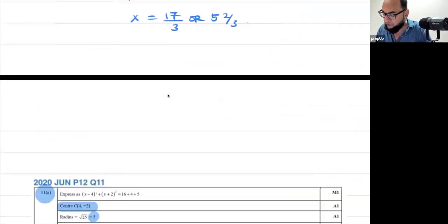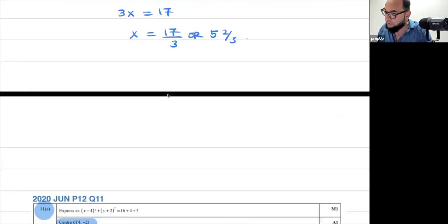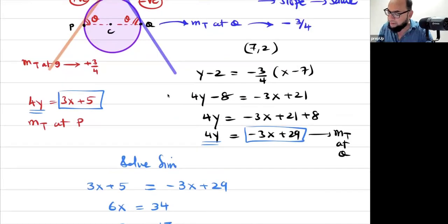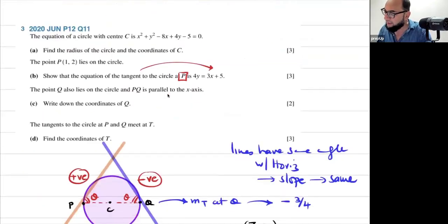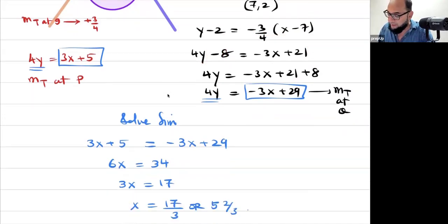Now let me just double check my working. So this is (4, 17/4). Why am I getting 17 over 3? Let me double check. So this is 3x plus 5, and this is multiplied out: 4 into y is 4y, 4 into 2 is 8, perfect. Negative 3x, and 3 into 7 is 21, positive. Negative 8 goes on the other side. That's 21 plus 8 is 29.